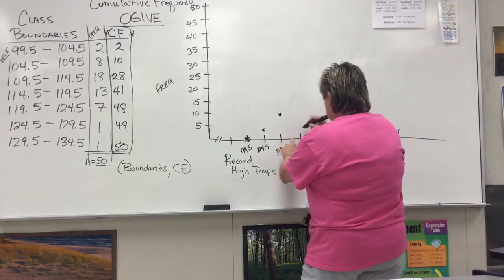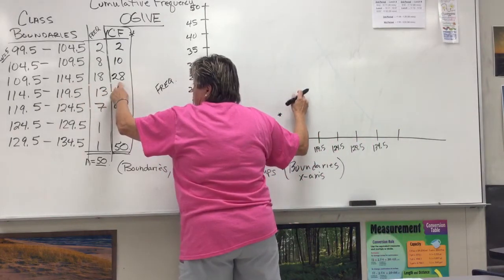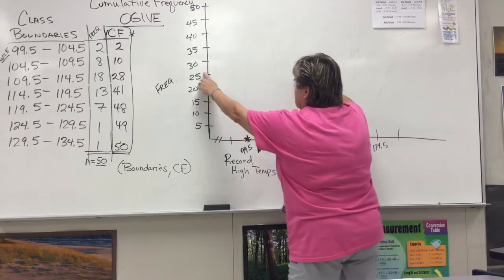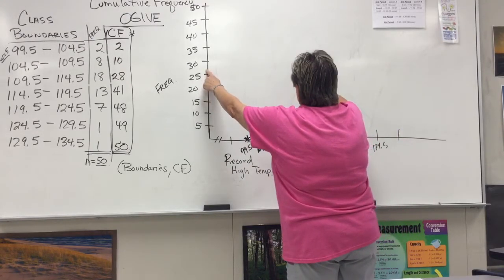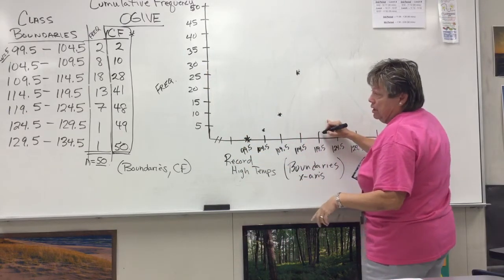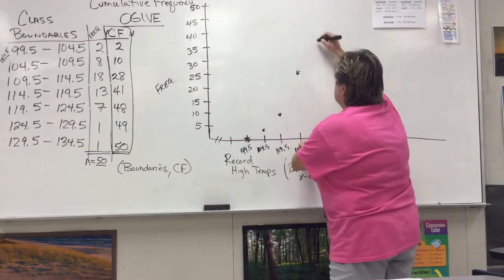Now we're going to come over here to 114.5. We're at this third interval, and we're going to go up as high as 28. Again, we're estimating; my scale might be a little large, but I think it'll serve what we need here. At 119.5, we're going to go up as high as 41.